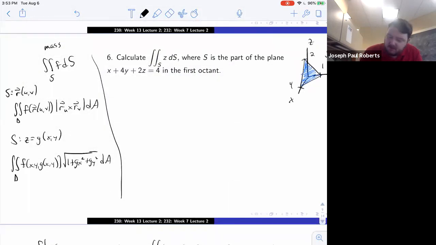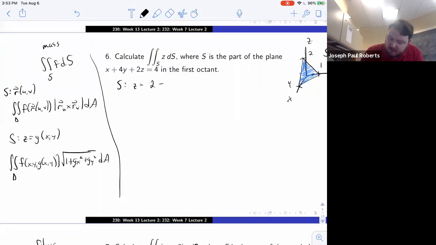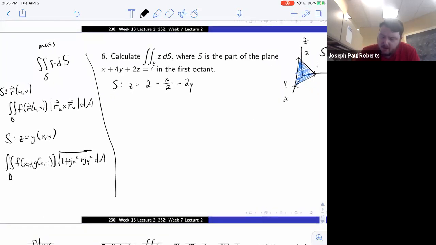Well, I'm just going to do, the fact that z is equal to 2 minus x over 2 minus 2y, right? If I solve for z in that equation, that's what I get. And this is my g of xy. And then my parameter domain D, it's this shadow in the xy plane, which I already figured out was this.